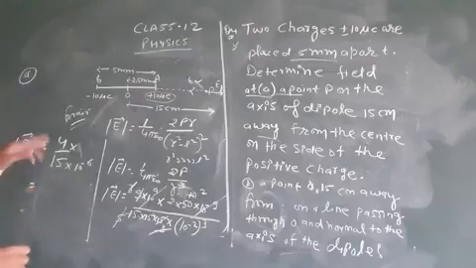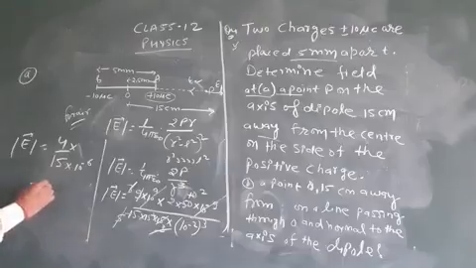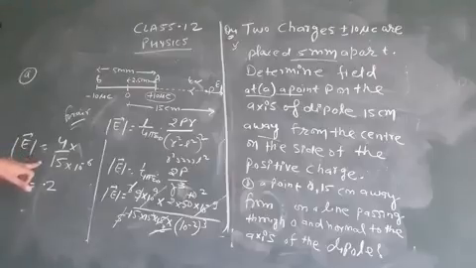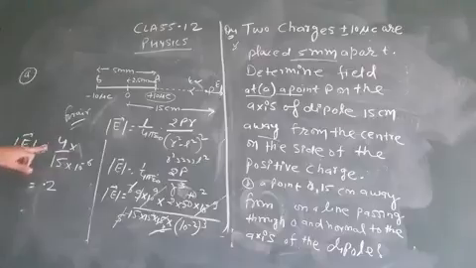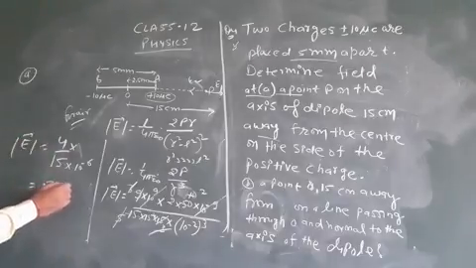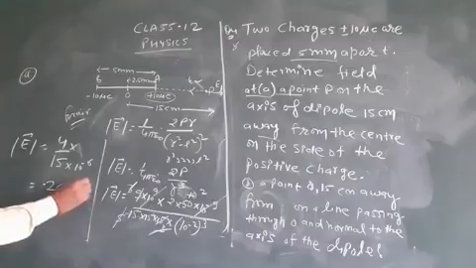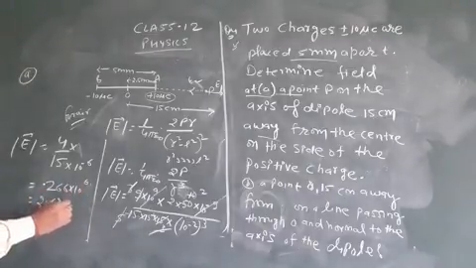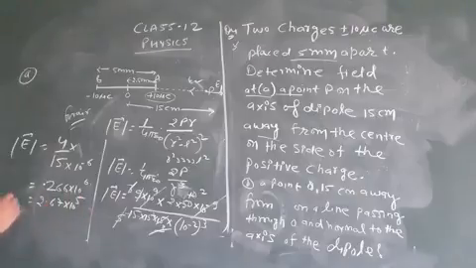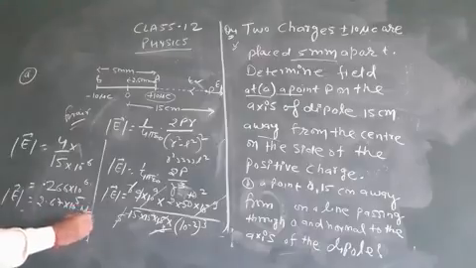So when you divide 4 by 15, this is 0.2666. So what will come? 2.666 and 10 to the power 6. So 2.67 into 10 to the power 5 Newton upon Coulomb.